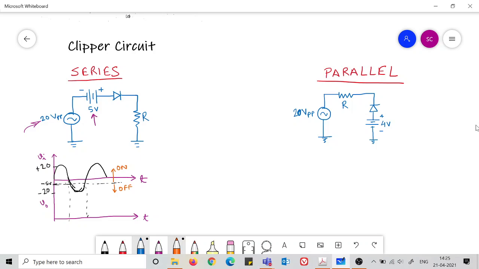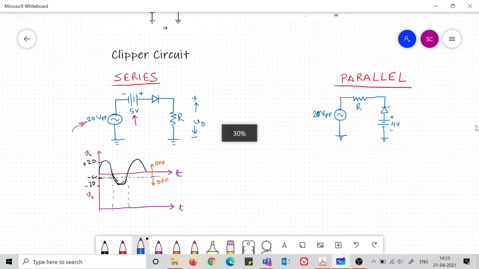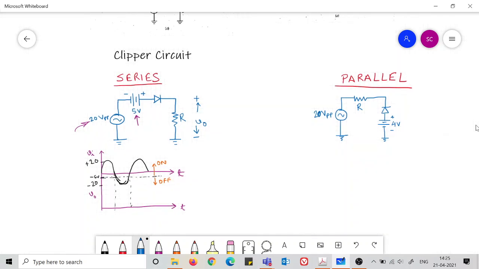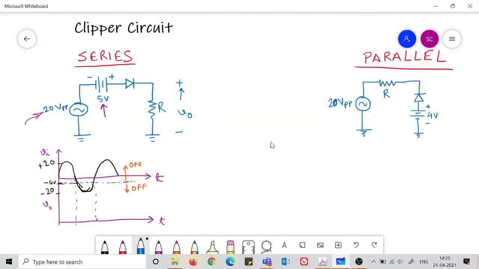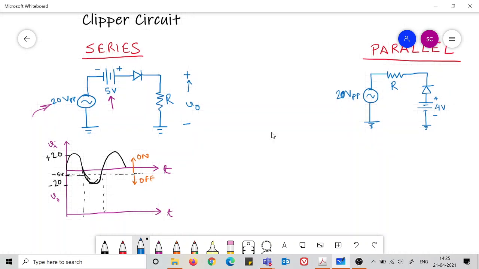we need to also know what is the output voltage we are talking about. We are talking about V0 here. This is the load resistance. Normally we talk about the output voltage across the load resistance. So what would be this V0? V0 would be Vi plus the 5 volts.